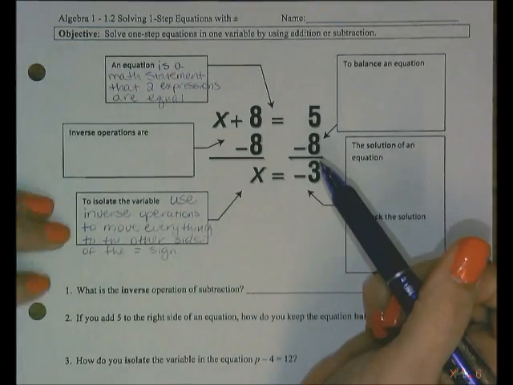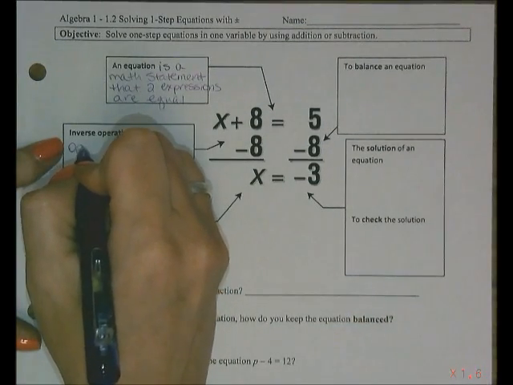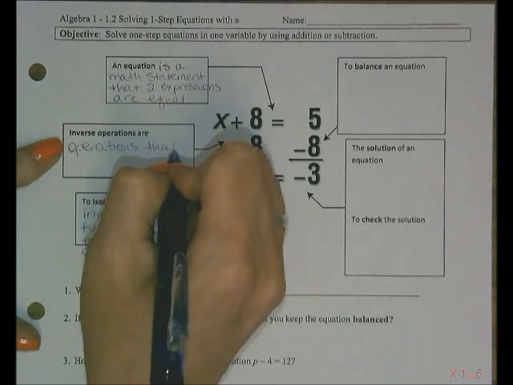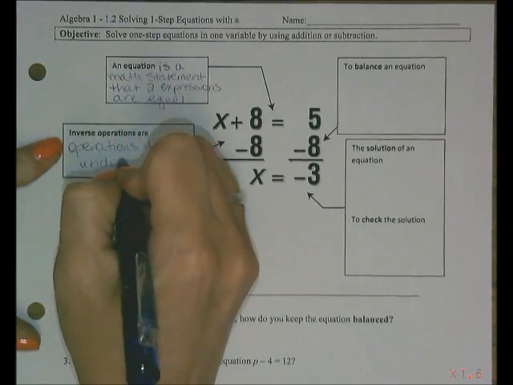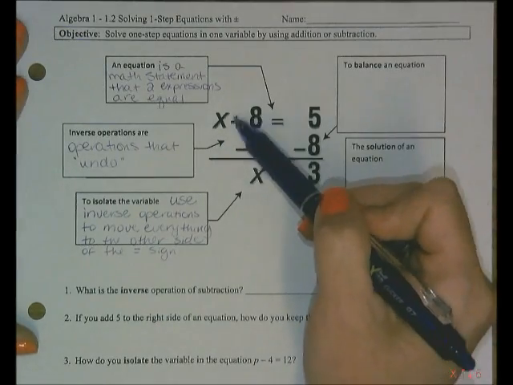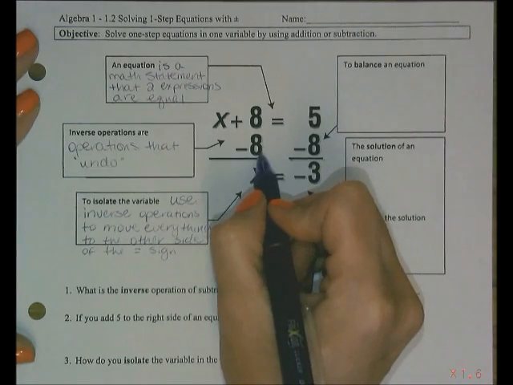These inverse operations are operations that undo. In this case, we have x plus 8. 8 is being added to x. The way we undo that is we subtract 8.